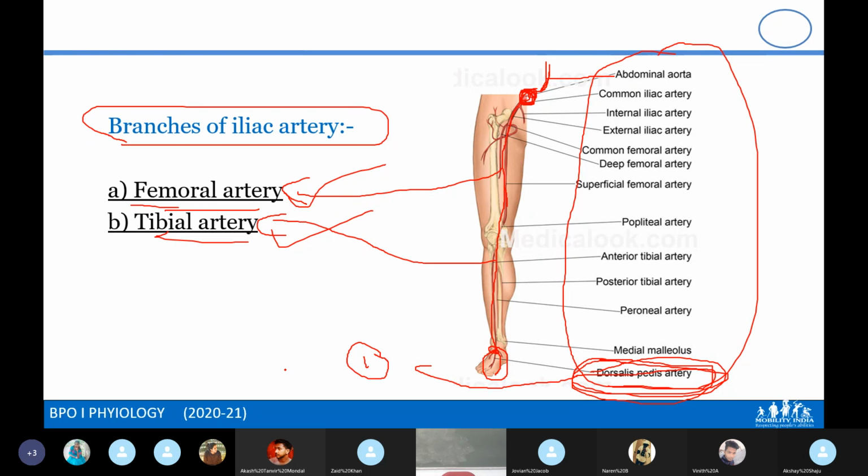Have you all found it? Everybody? Okay, fine. So that is one of the important arteries for the pulsation in the lower extremity.